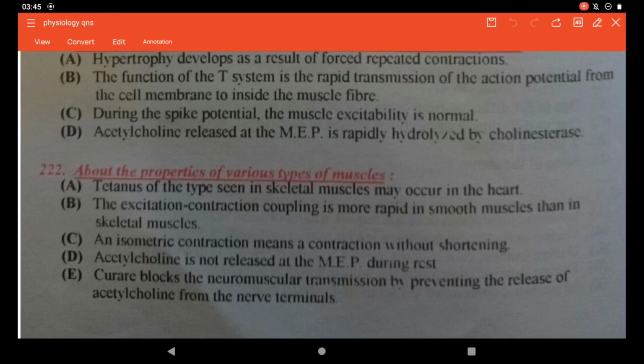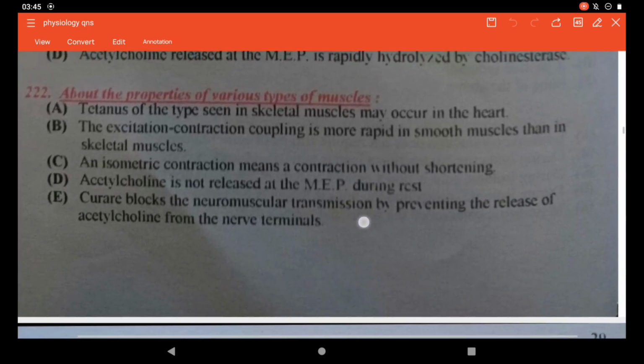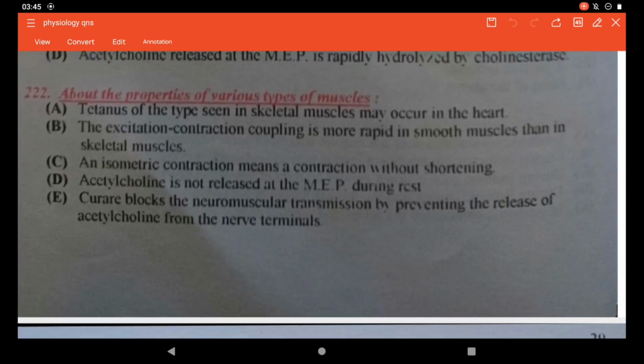So the most correct answer for that question is C. Now we go ahead and look at the properties of various types of muscles. A. Tetanus of the type seen in skeletal muscles may occur in the heart. B. The excitation-contraction coupling is more rapid in smooth muscles than in skeletal muscles. C. Isometric contraction means a contraction without shortening.